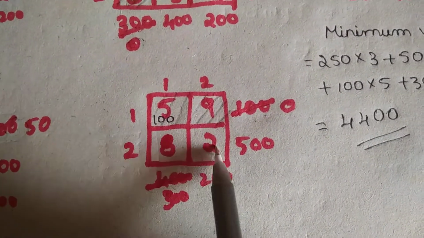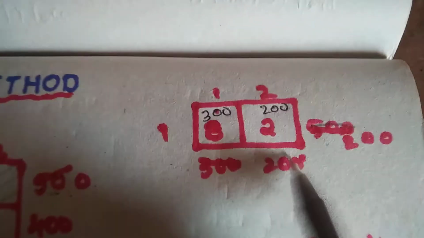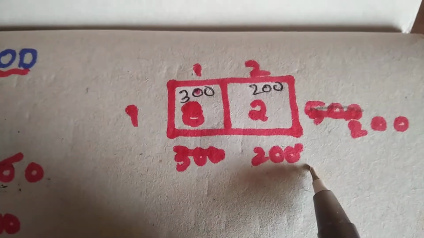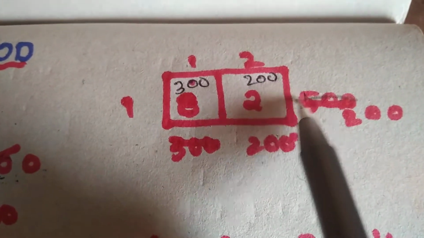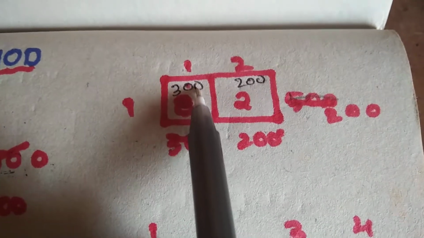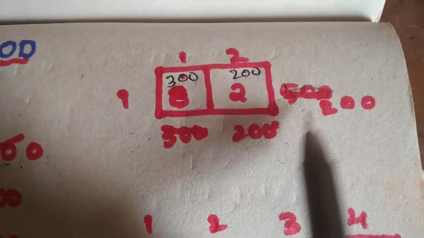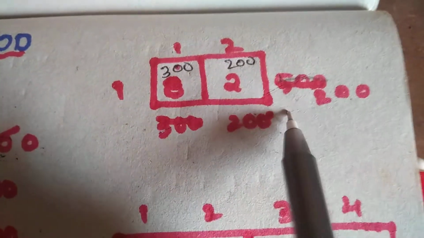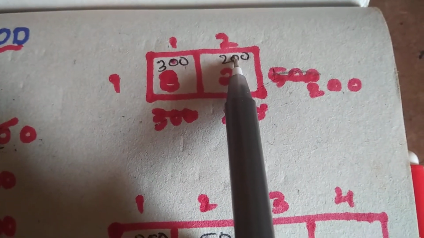Again we are left with 8 and 2, with values 300 and 200. Here it is 500, so from 500 we cancel 300 in the first box, and 200 is left, which is also cancelled in the second box.